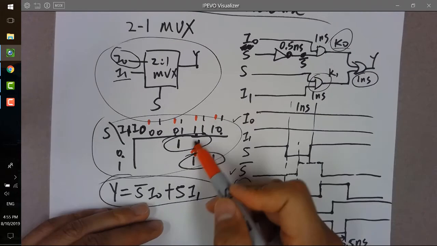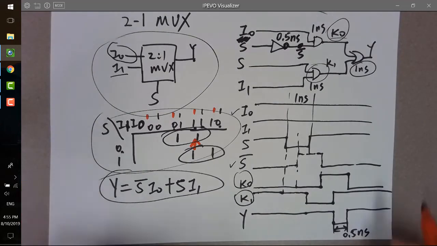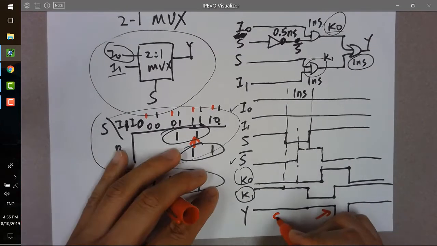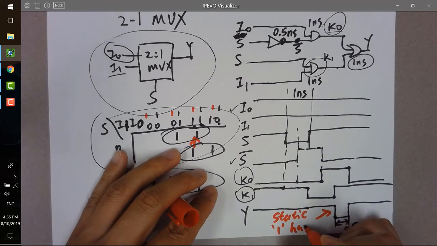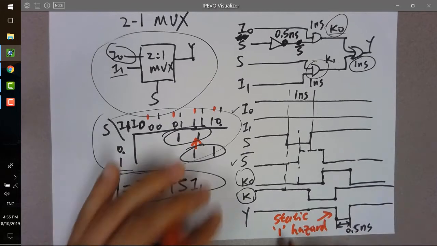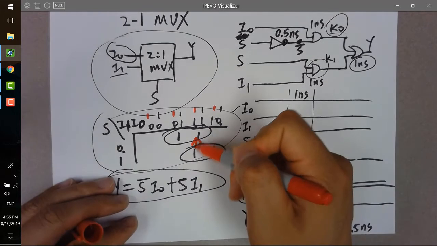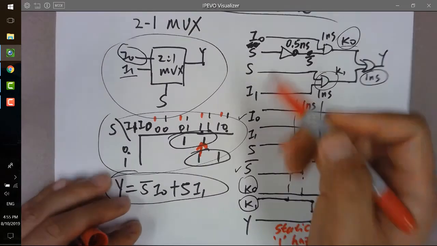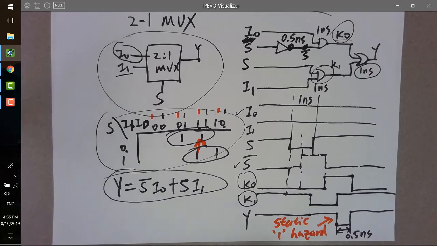It's always 1. However, because of the time delay, you're introducing a little dip into your circuit, which is called static hazard, static 1 hazard. Why is it a static 1 hazard? Because the state is being changed between ones. That's why it's a static 1 hazard.